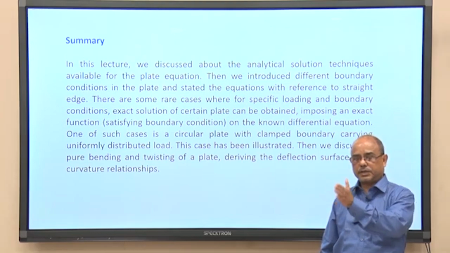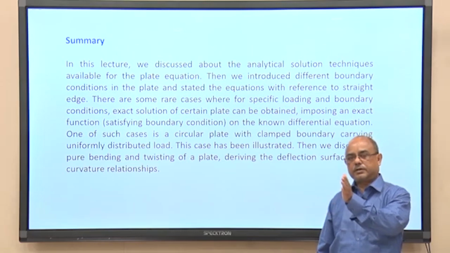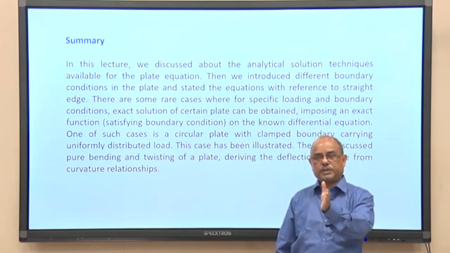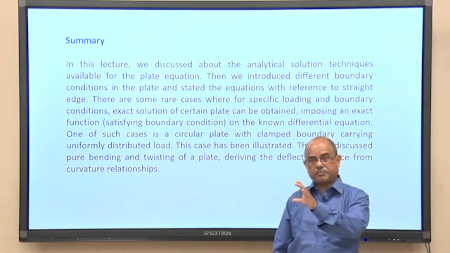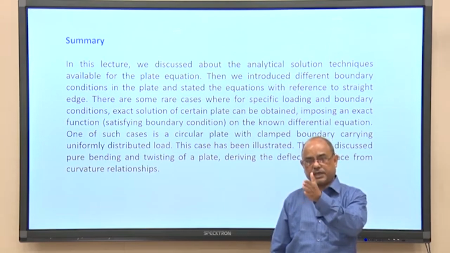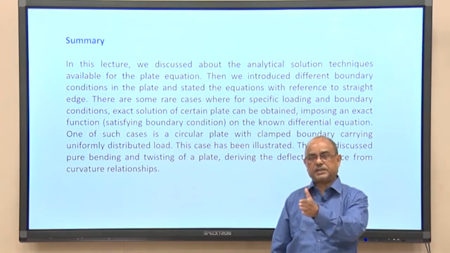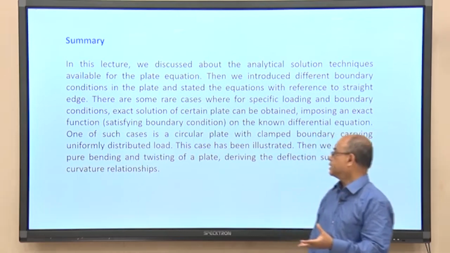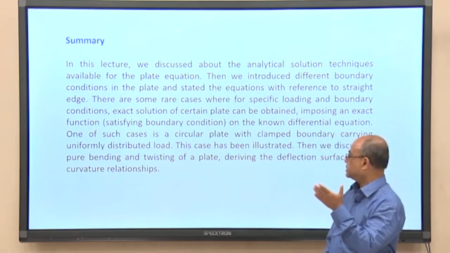Non-classical boundary conditions: edge resting on the elastic beam, then edge resting on the elastic spring, then edge resting on the rotational spring. In the first case the edge resting on the linear elastic spring, and in the second case the edge resting on the rotational spring. Okay. So, this type of boundary condition we have seen.